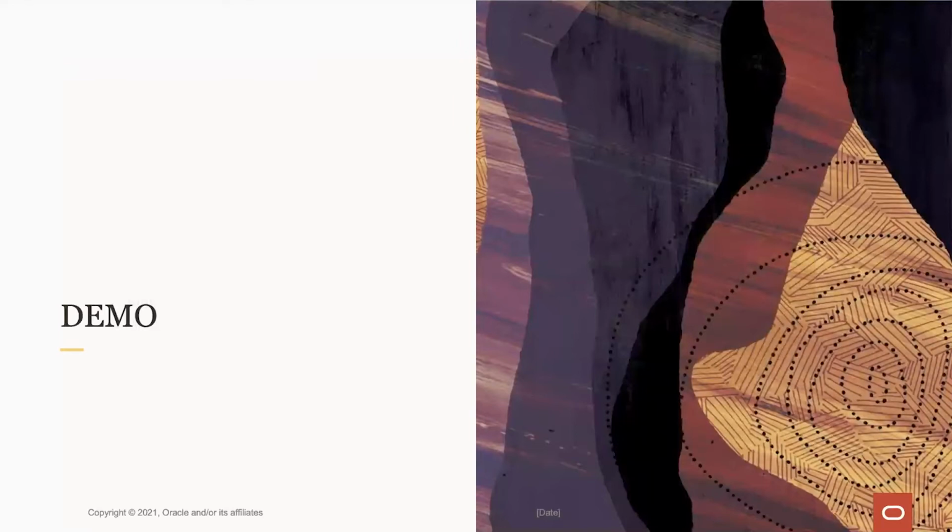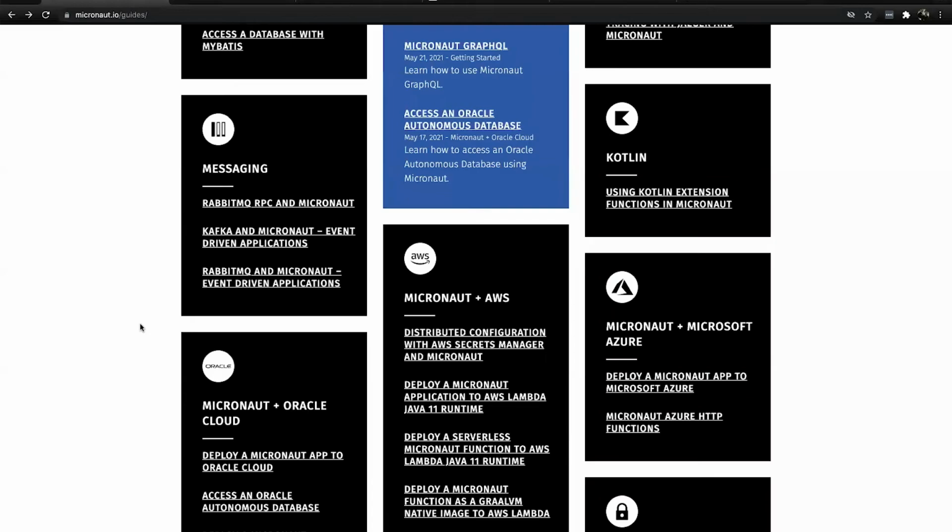It wouldn't really be practical to live code an application, because we have limited time here. So we have micronaut.io/guides, our tutorial site, where we have dozens of these guides on various aspects of using Micronaut with different technologies.